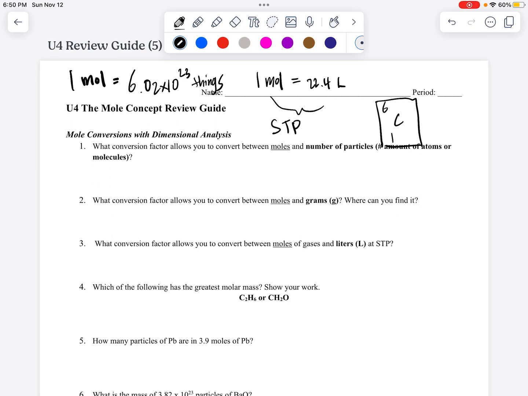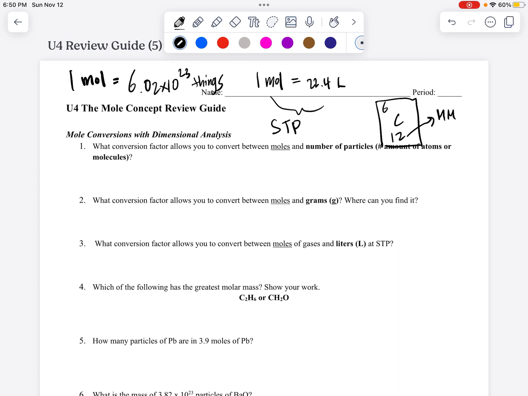6, carbon, 12, okay? Okay, so if you look on the periodic table, each element box, it's going to have a number right beneath the symbol here, the 12, right? Now, that is your molar mass, all right? A quick reminder, molar mass is how many grams of something will equate 1 mole, okay?